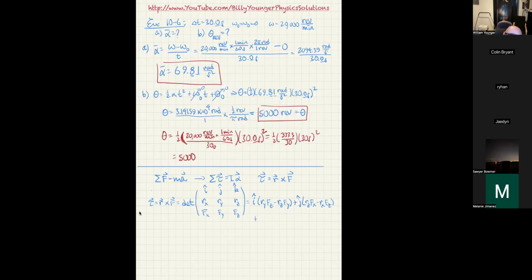And then the k hat is going to be RxFy minus RyFx. That's one formula for how to do it, and that works every time. You're welcome to use that, and I think that's even the version I have on your equation sheet. But I'll cover that more. I just wanted you to be able to do this calculation.